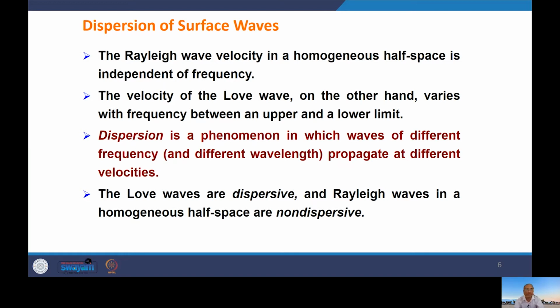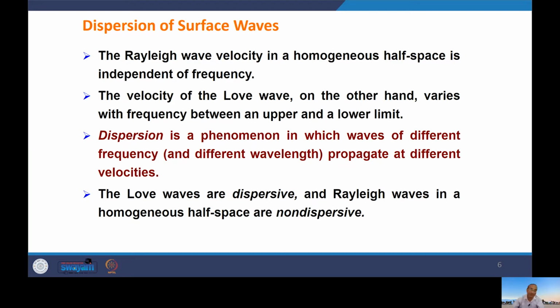But in a real scenario, the Earth is a heterogeneous medium, and it is rarely homogeneous. So in the real situation, both Rayleigh waves as well as Love waves will be dispersive in nature.